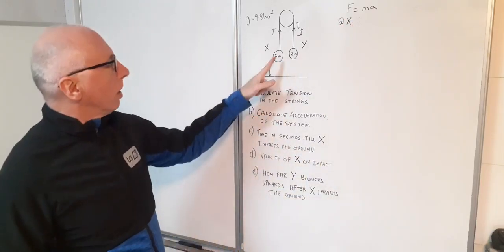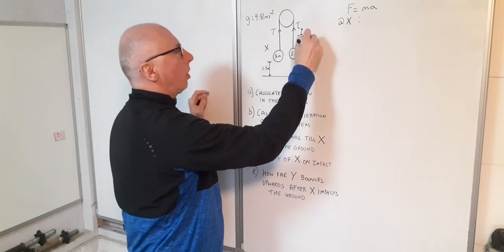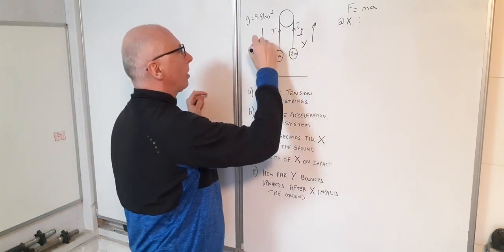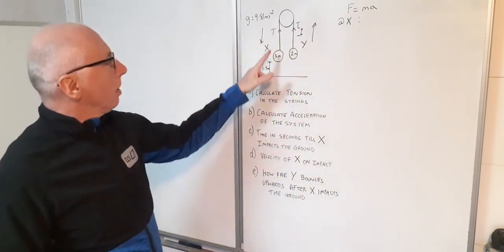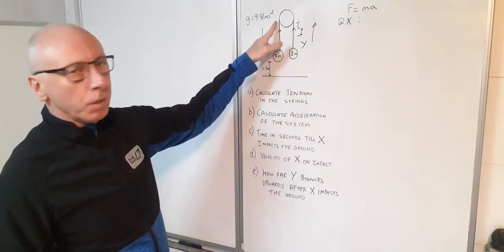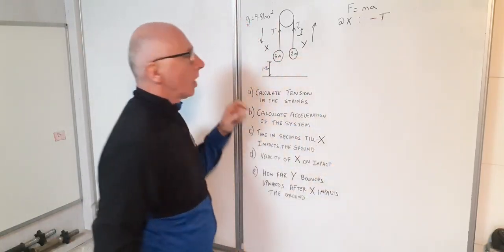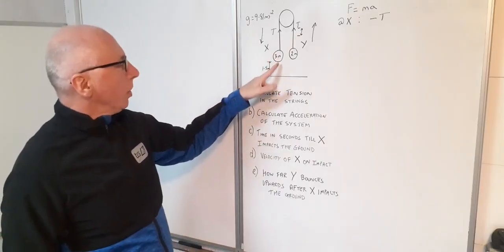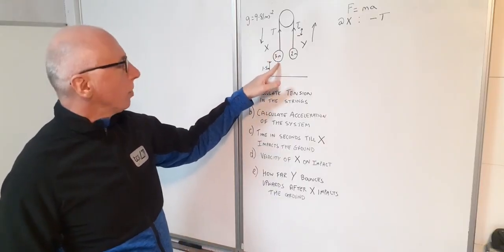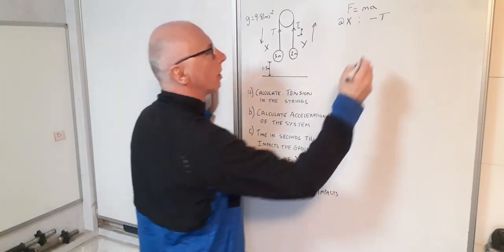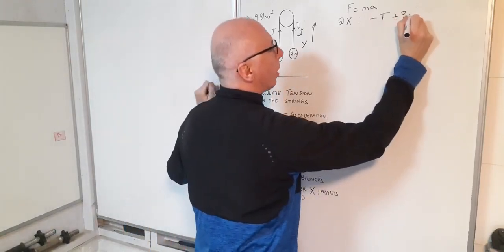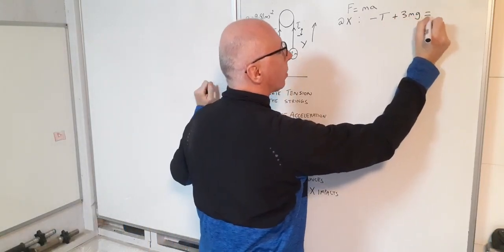At x, the system is going to be going up on this side but down on this side. So on this side, T is going away from the direction of travel, so it's going to be a minus T. We've got the mass of the block falling down, so that's 3m times g. That's going in the direction of travel, so it's plus.